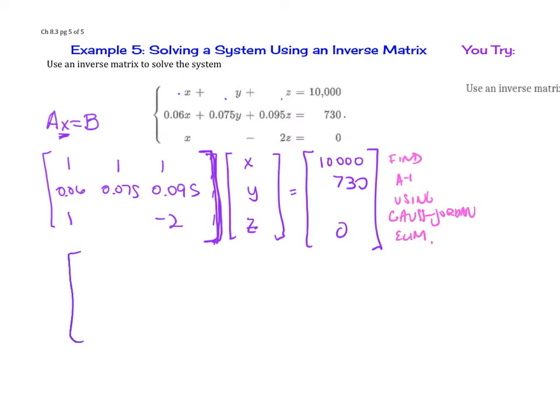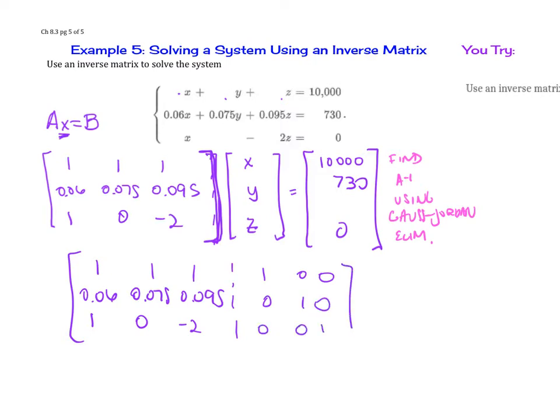From this point, you do 1, 1, 1, 0.06, 0.075, 0.095, 1, 0, and -2. On this side, we put the identity matrix, 1, 0, 0, 0, 1, 0, and 0, 0, 1. This is the method that we used earlier in order to find the inverse.